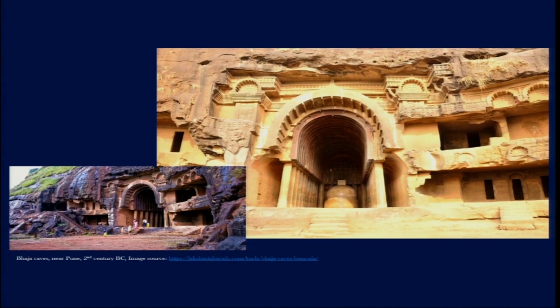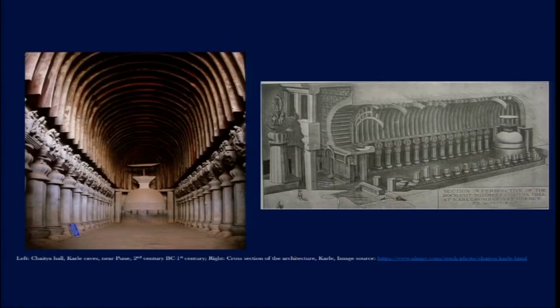This is one of the examples we find, and another example is the Karla caves. In both cases we find the Chaitya halls, or the halls where people gathered for worshipping and meditation, and there might also have been educational purposes.